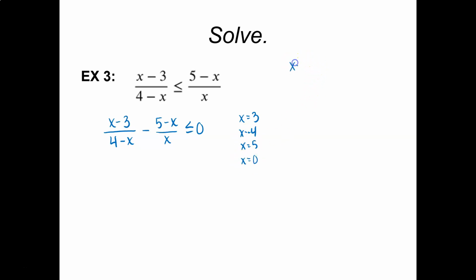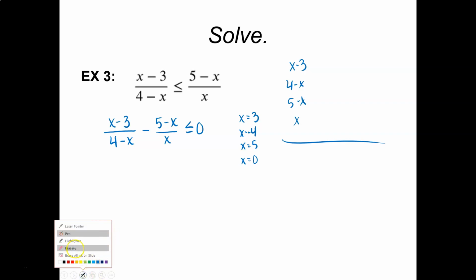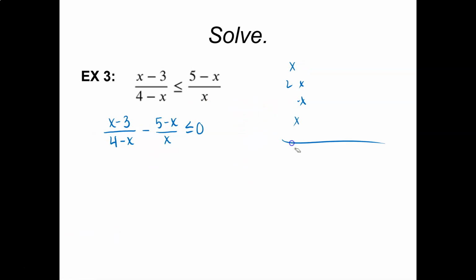They start putting x minus 3, 4 minus x, 5 minus x, x on the chart. Why can you not do that? You don't have common denominators. You have not combined these yet. They have to be combined before you can start doing that. So watch out. Do not start doing your zeros until you have it all combined as one fraction.